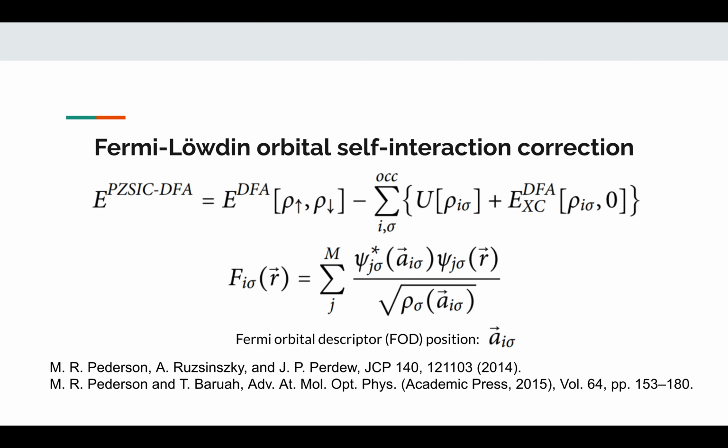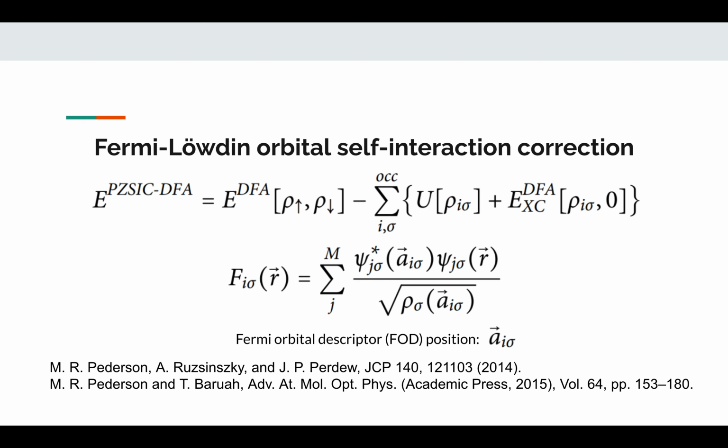FLOSIC stands for Fermi-Löwdin orbital self-interaction correction. In the FLOSIC approach, you use Fermi-Löwdin orbitals to solve PZSIC equations. Using the Fermi orbital descriptor positions, the FOD positions for short, you can transform the canonical orbitals psi j into the set of the Fermi orbitals f i sigma, and by using Löwdin's orthogonalization scheme, you obtain the Fermi-Löwdin orbitals.